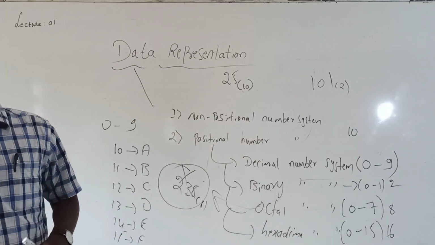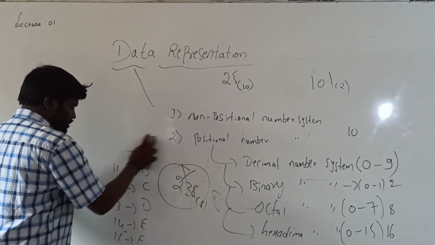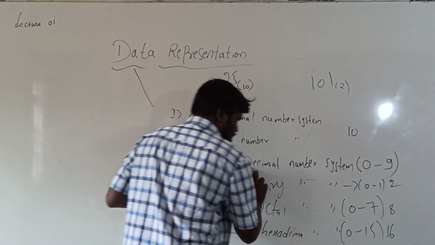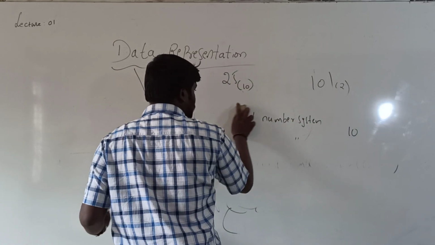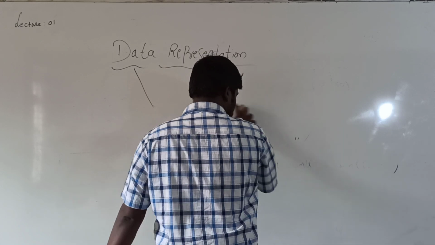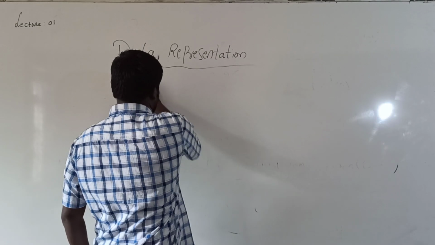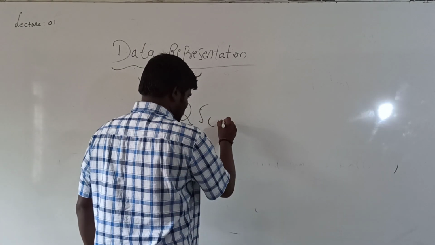Okay, so now we have to discuss the first, decimal number system. Here the base is 10.